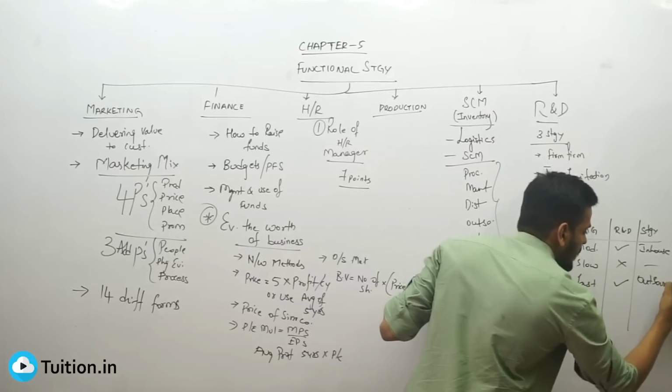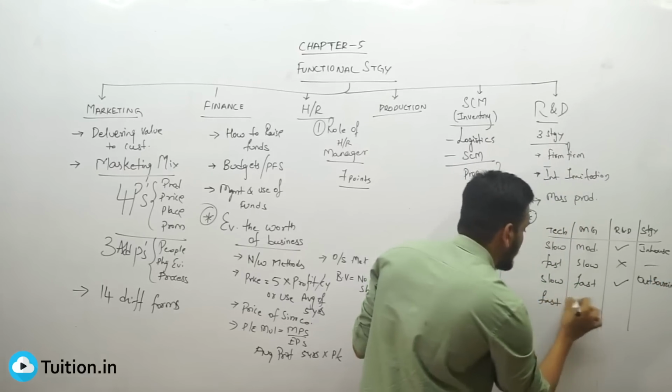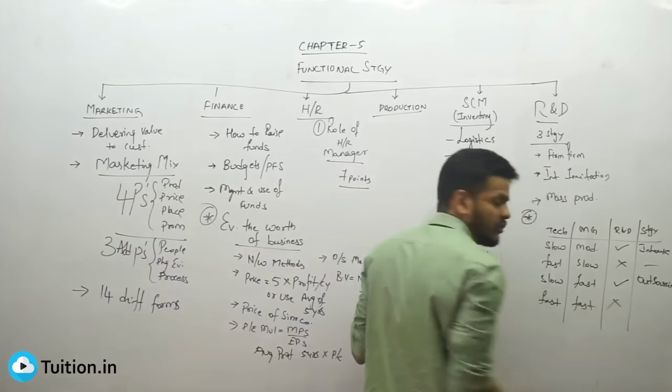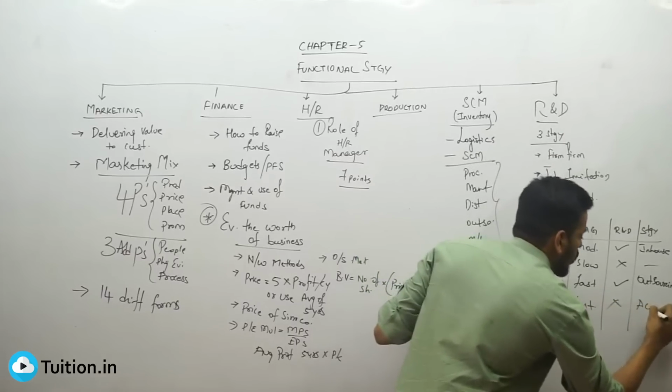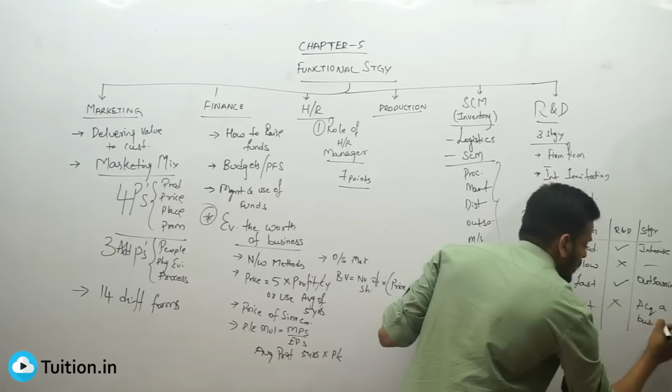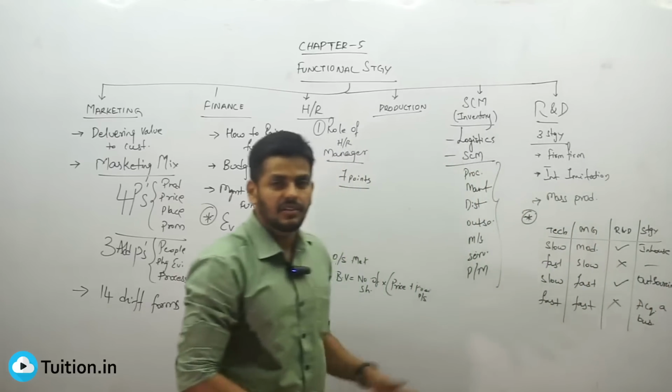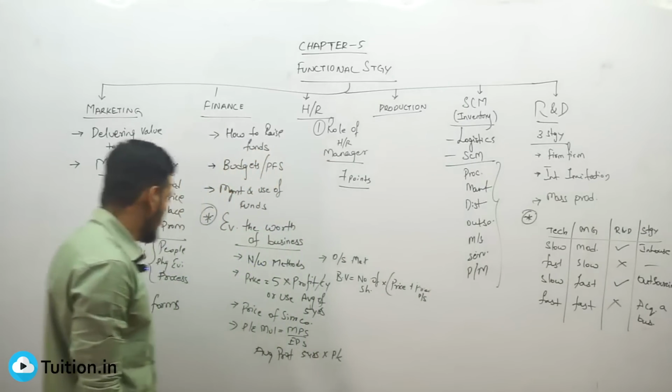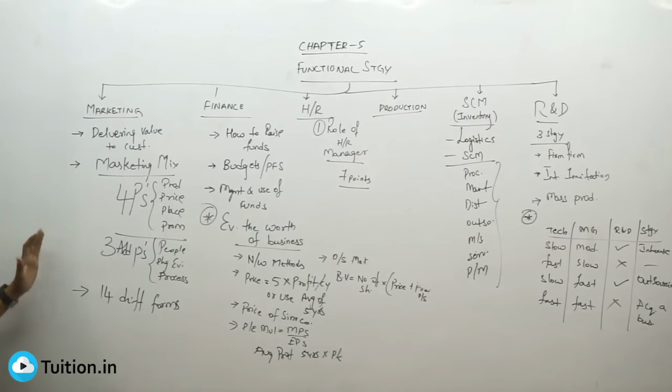And in the fourth case, where both are fast, it is not at all ideal to do R&D, so acquire a business which has already done the R&D. That's it. You can take a frame of this. This is what your fifth chapter is all about on functional strategies.